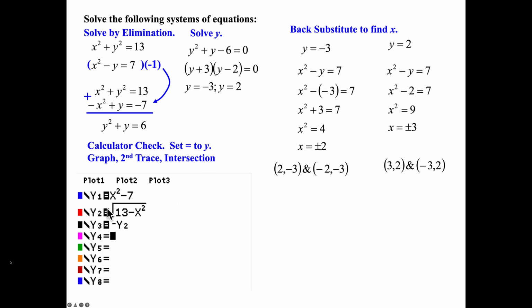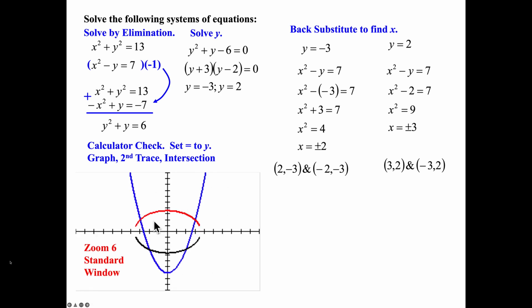So y2 is going to be my positive square root of 13 minus x squared. Now for y3, you could put negative square root of 13 minus x squared, but again, I'm efficient. I'm just going to put negative, then go alpha trace, number 2, and I want all the y2s, and I'm just going to make them negative.